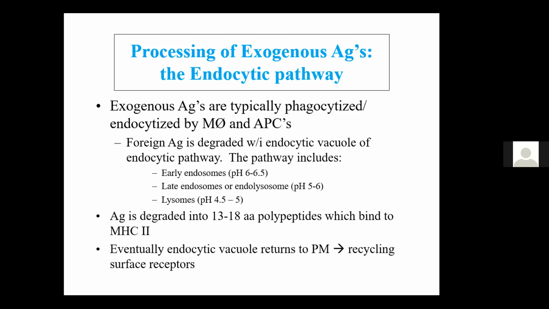The antigen is degraded into 13 to 18 amino acids, which I mentioned. You can see now there's a difference. While for MHC class 1 we were talking about 8 to 10 amino acids, in this case we are talking about 13 to 18. In some books, they talk about 20 amino acids being generated, and this is the right fit for the groove of MHC class 2.